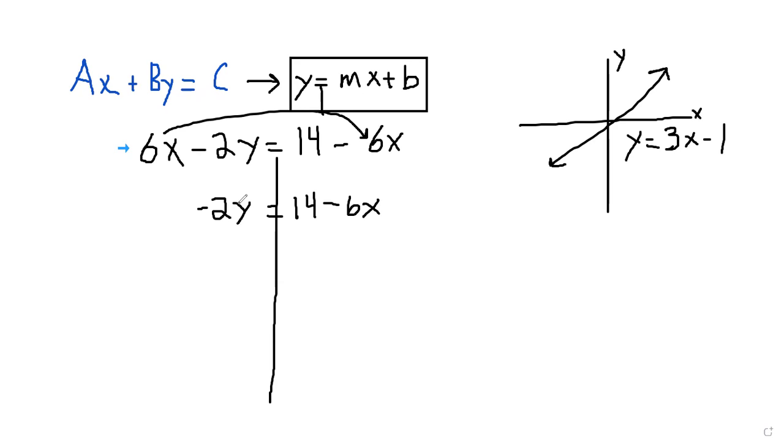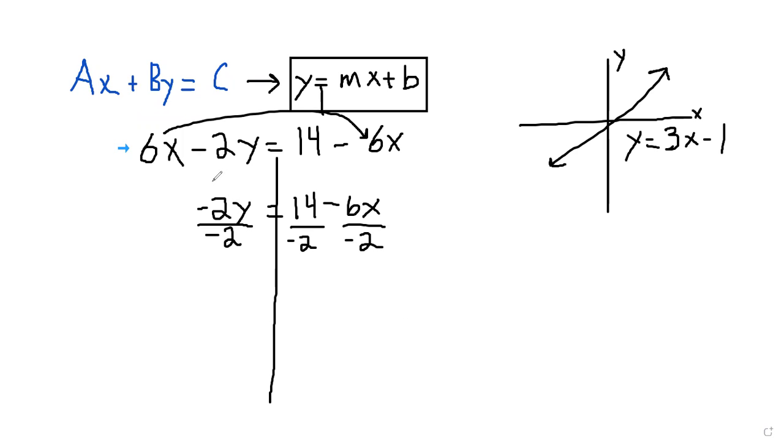So how do we get rid of that -2? Do you remember? Well, remember when numbers and letters are scrunched close like they are in this one here, that means multiplication. So to undo that, the opposite, is to divide. So we're going to divide everything on both sides by what's in front of our letter. In this case, it's a -2. So we're going to divide everybody over here by a -2.